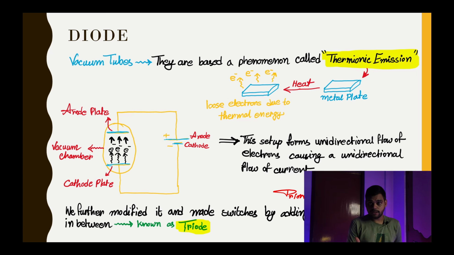On heating, the cathode plate radiates, or loses, its electrons, and those electrons are attracted towards the anode plate, and thus the electron flow happens.